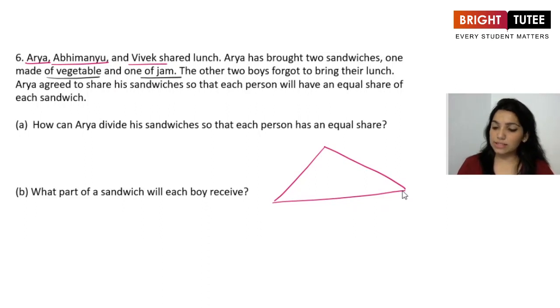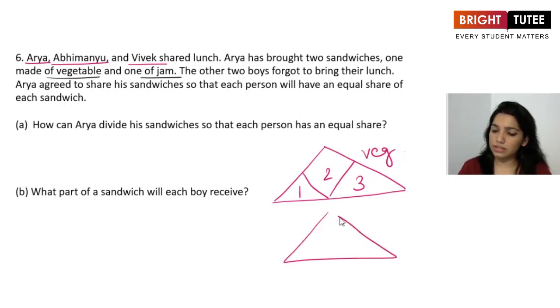It says that we need to divide an equal amount of sandwich among each of the children, right? So how can Arya divide his sandwiches so that each person has an equal share? She is going to divide each triangle into 3 equal triangles. I'm sorry, here my triangles are not exactly equal. However, just imagine that all these 3 parts are equal. Let's say this sandwich was a vegetable sandwich and this one is jam.